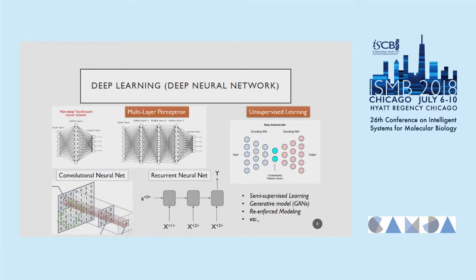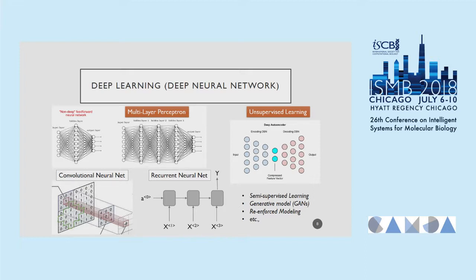Although you can call this a deep neural network, the most successful applications of deep learning do not use such a simple way. They use a more complicated way, like the convolutional neural net, the recurrent neural net, to deal with data with spatial information like images, text mining, voice recognition, something like that.